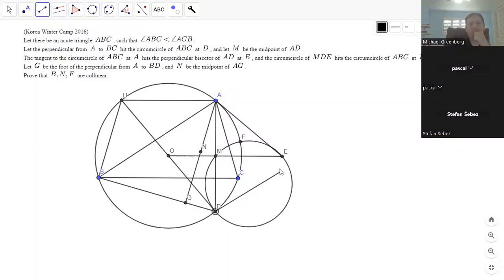Oh yeah, because by symmetry, this is also tangent, right? So that would be the same as saying H, F, and E are collinear. Yeah, if AE is tangent, then DE has to be tangent.